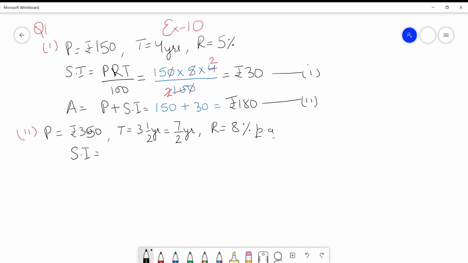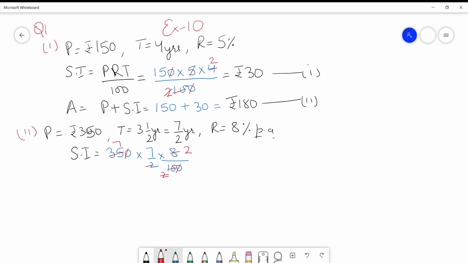Simple interest. Now you know the formula, we can directly write 350, 7/2 into 8, and 100 at the bottom. Now 0 with 0, 5 sevens are 35, 5 twos are 10, 2 twos are 4, 4 twos are 8.